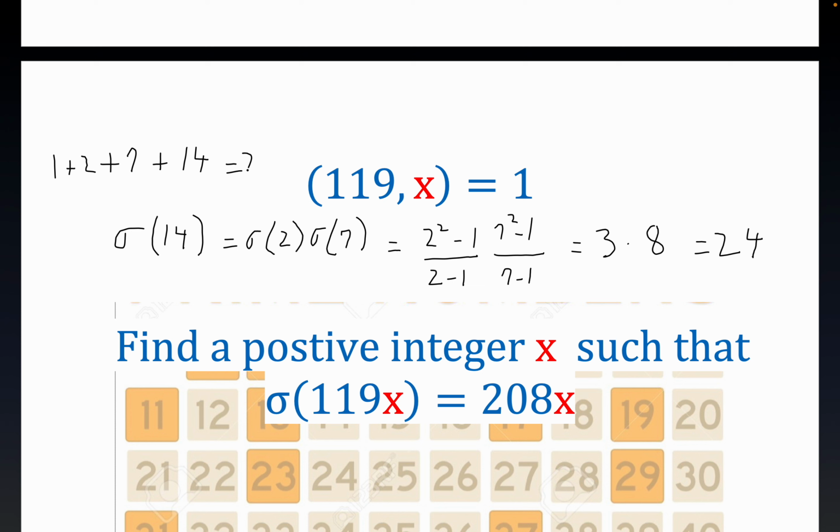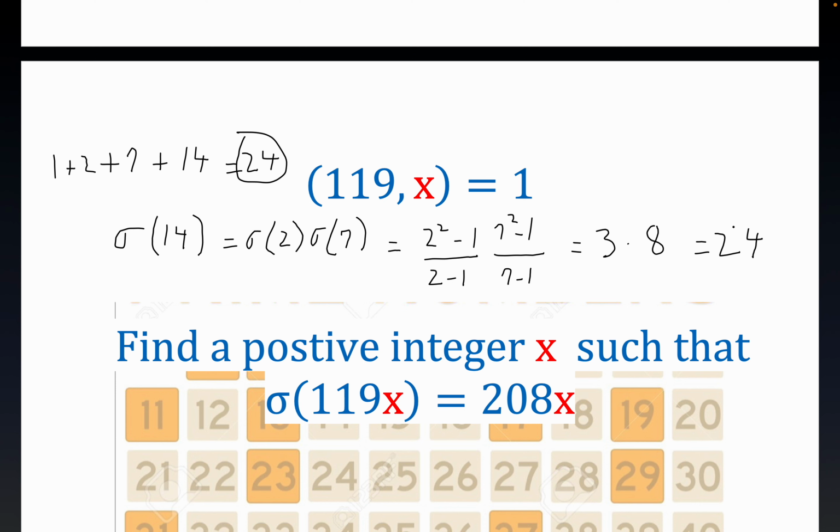So you see, for small numbers, it's easy just to enumerate the divisors. Wait, that should be 24, my bad. 1, 2, 7, 14, and these all add up to 24. 14 plus 7 is 21, plus 2 is 23, is 24, right? So they line up, right?